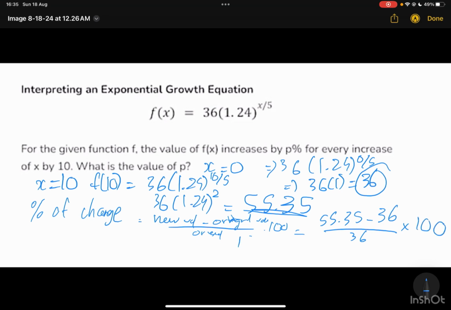We're going to have 19.35 over 36 multiplied by 100. Put in the calculator, it will be 53.75%. So that's going to be our answer.